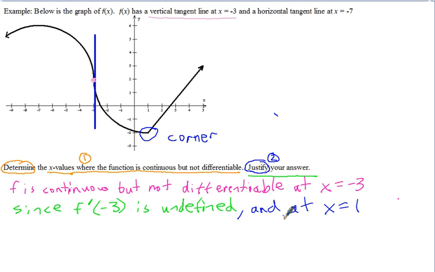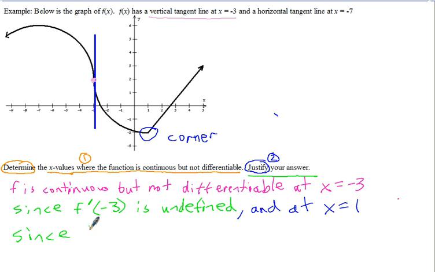So f is continuous but not differentiable at x equals negative 3, since f prime of negative 3 is undefined, and at x equals 1, but this one's going to be a different justification since, well, when you have a corner, what you're really looking at is the slopes from the left and the right are not approaching the same value. That's what creates that corner.